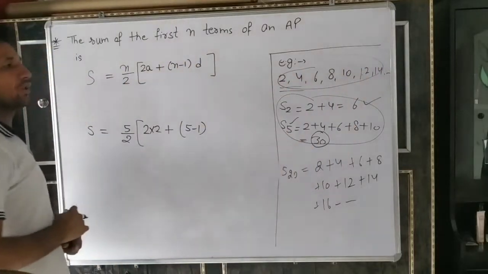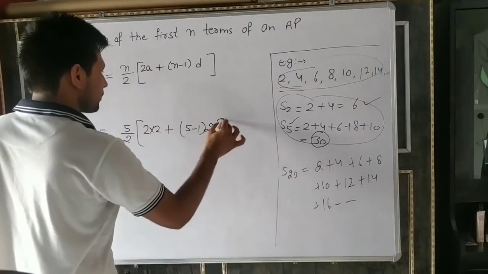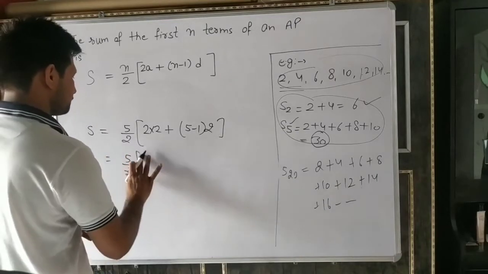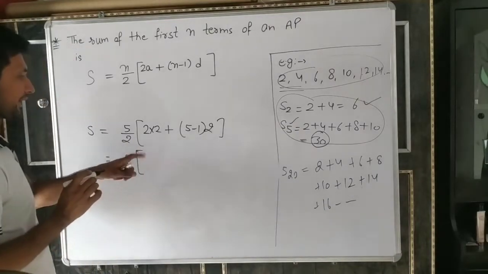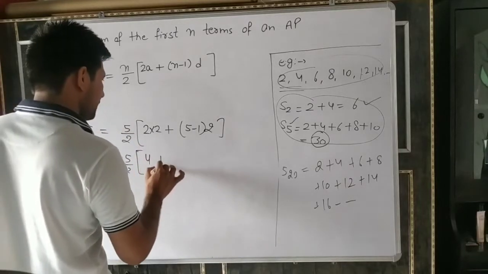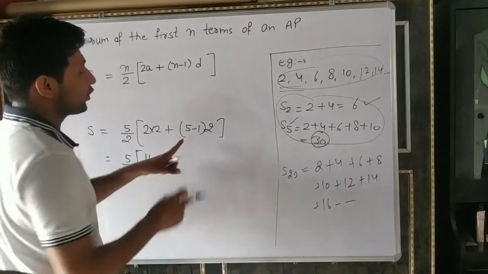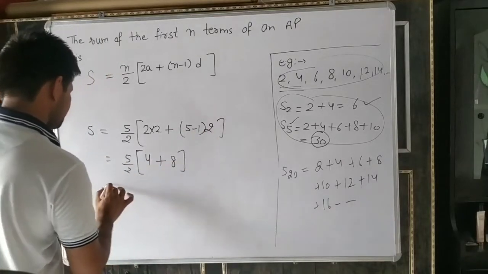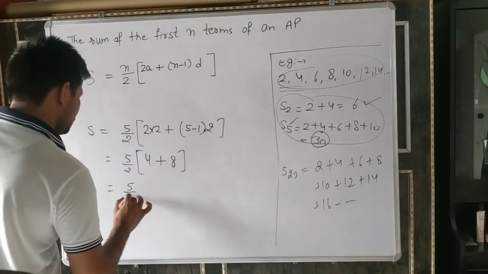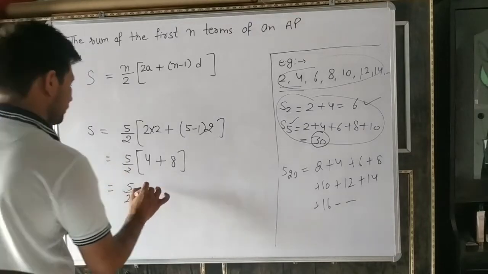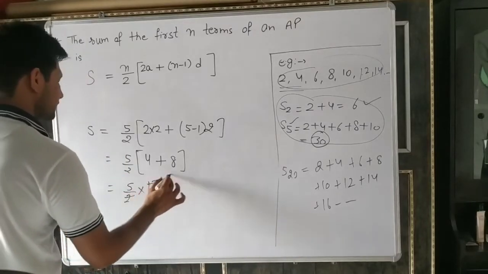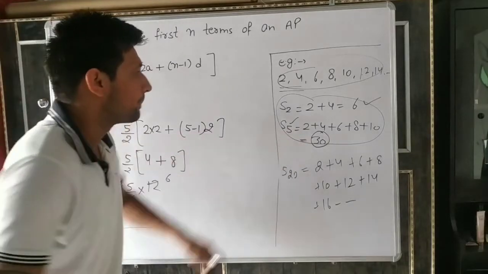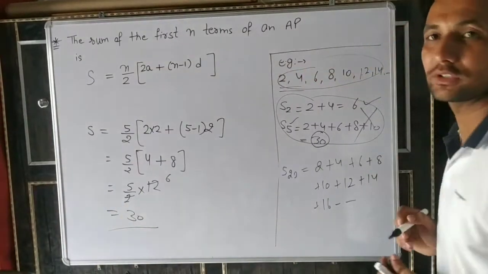What is the common difference of this one? 2. So it is 5 upon 2, always we use a big bracket. 2 into 2 is 4, plus 4 into 2 is 8, so 12. 12 divided by 2 is 6, and 6 into 5 is 30. It is also 30, but it is a very long process.